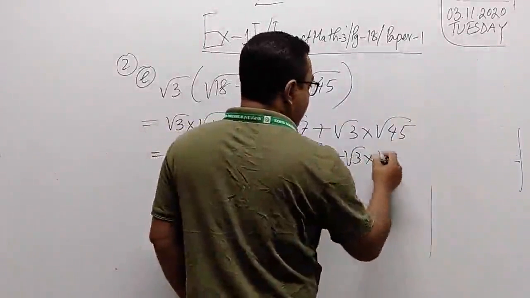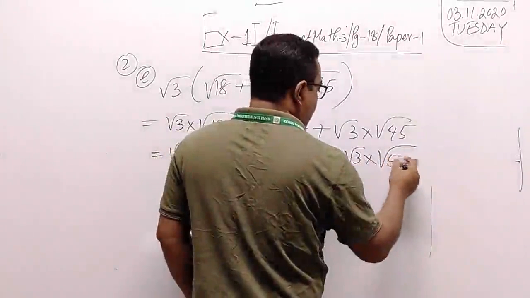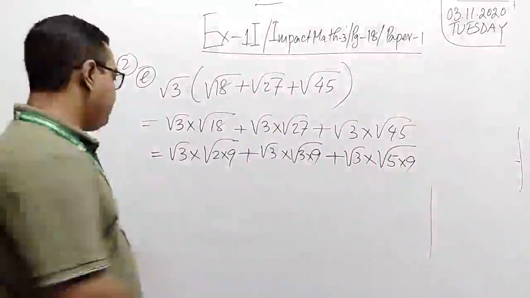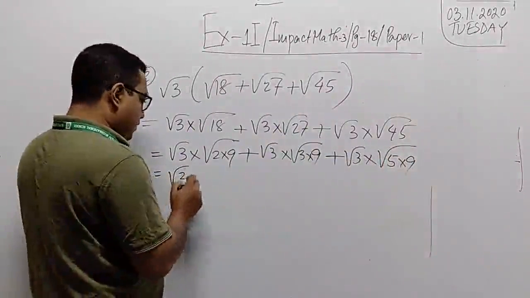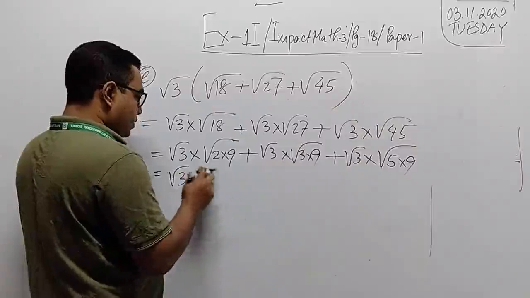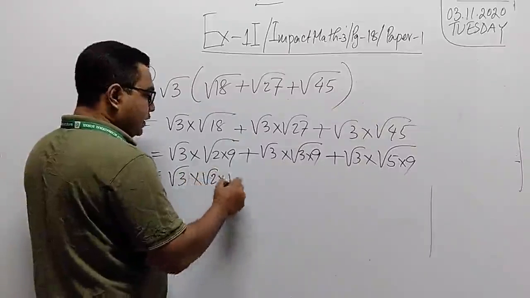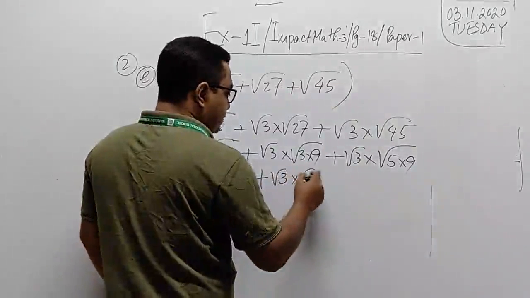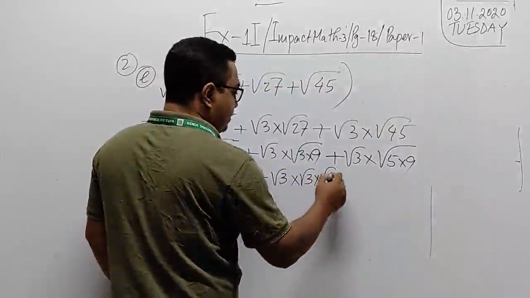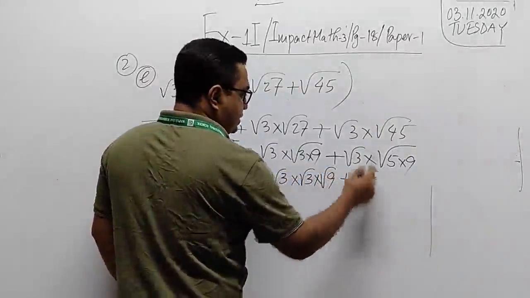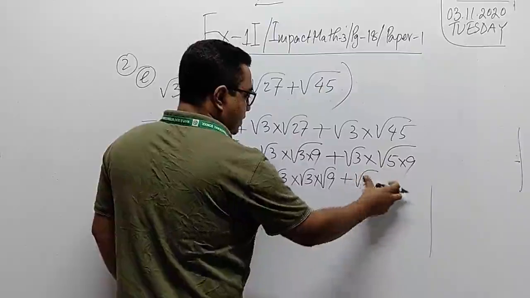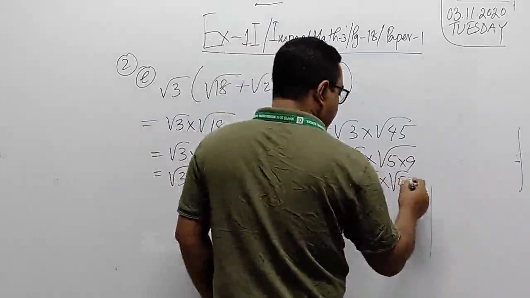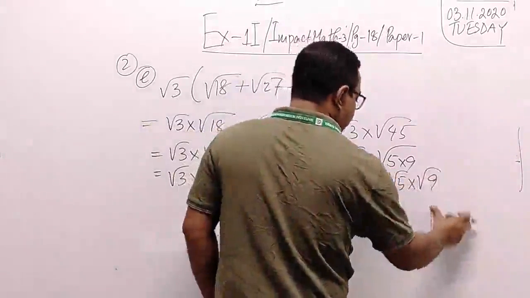Plus square root of 3 into 5 into 9, 45. Now square root of 3 into square root of 2 into square root of 9 plus square root of 3 into square root of 3 into square root of 9 plus square root of 3 into square root of 5 into square root of 9.